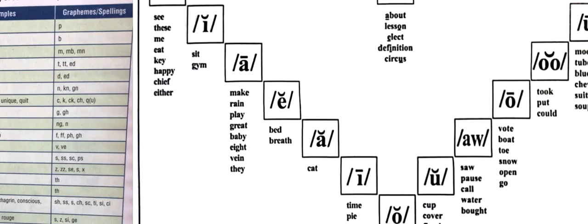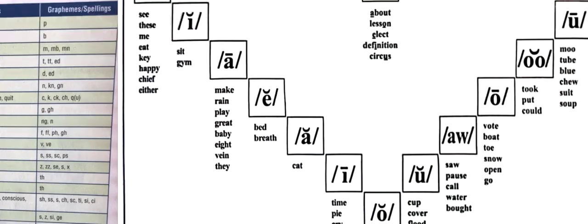So this is 2 sounds, eight, vein, the A. So EY also makes the A sound. Bed, breath.